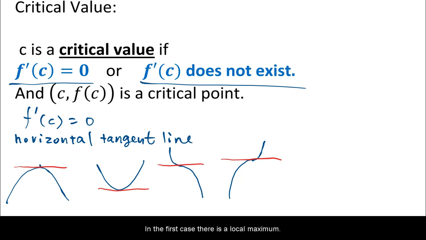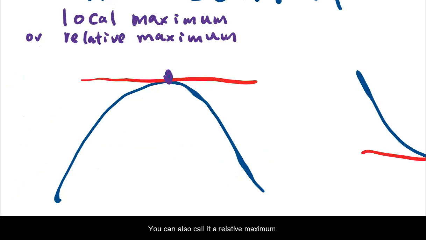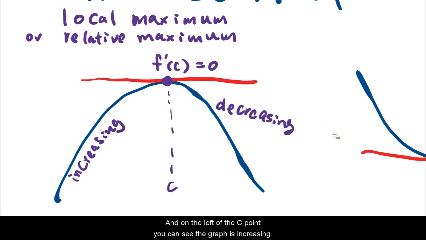In the first case, there is a local maximum. You can also call it a relative maximum. At the highest point, f prime of C is equal to 0. And on the left of this C point, you can see the graph is increasing, and on the right of the C point, the graph is decreasing.